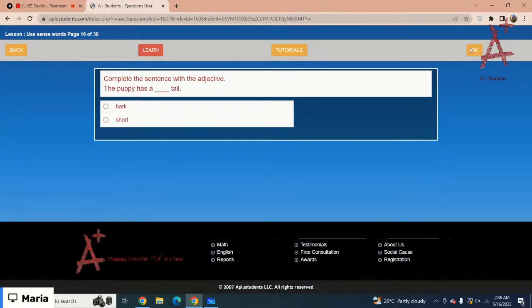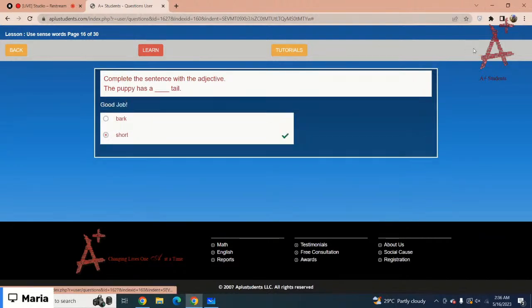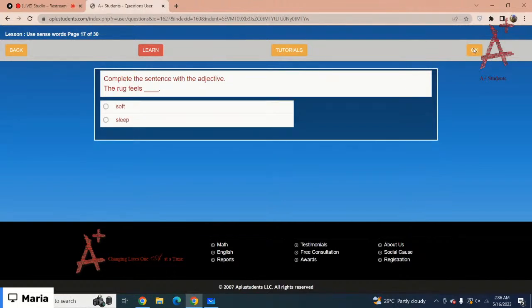The puppy has a dash tail. Which is the correct option? The puppy has a short tail. The rug feels dash, soft to sleep. The rug feels soft. The correct option is soft.